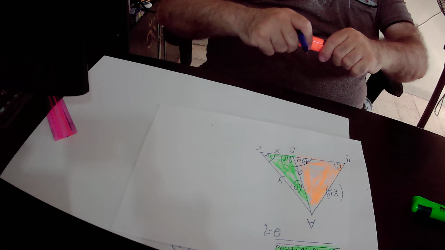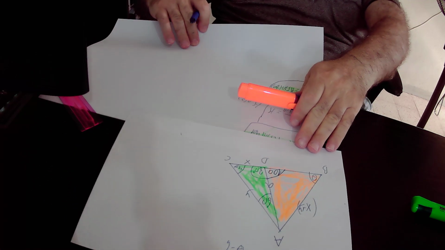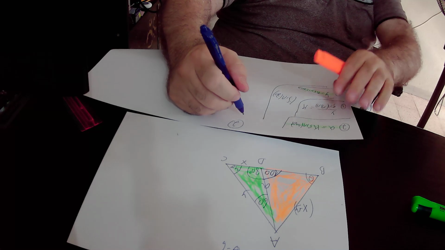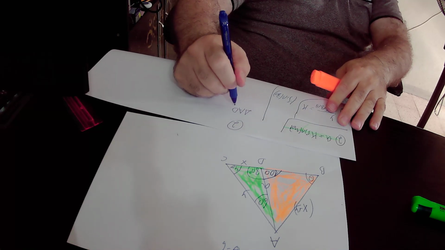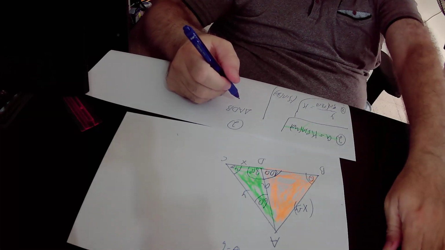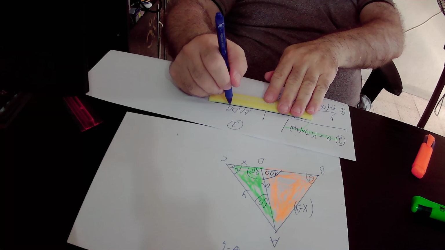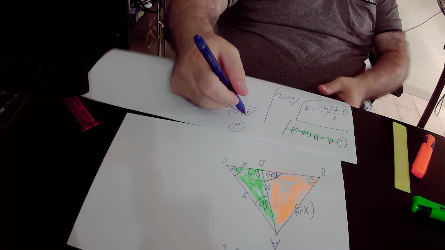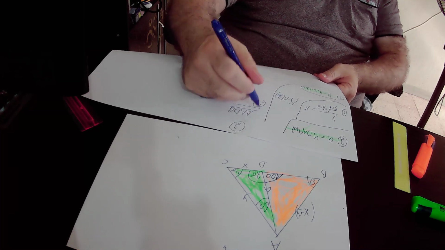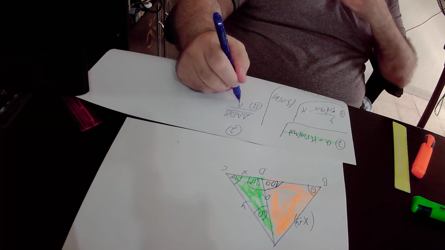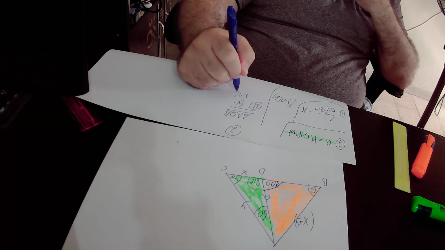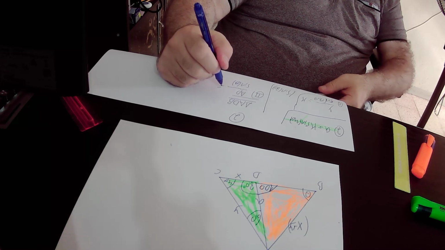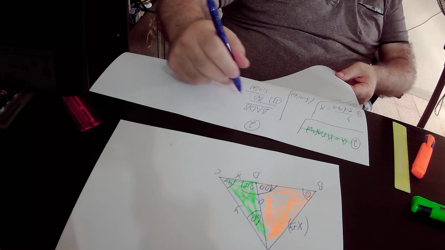So here, according to the law of sines in triangle ADB, AD over sine theta equals AB over sine 100 degrees.